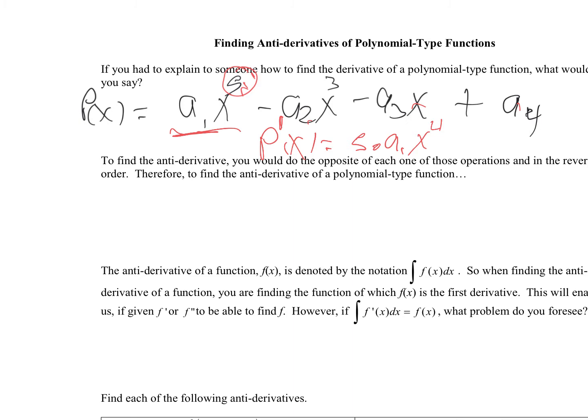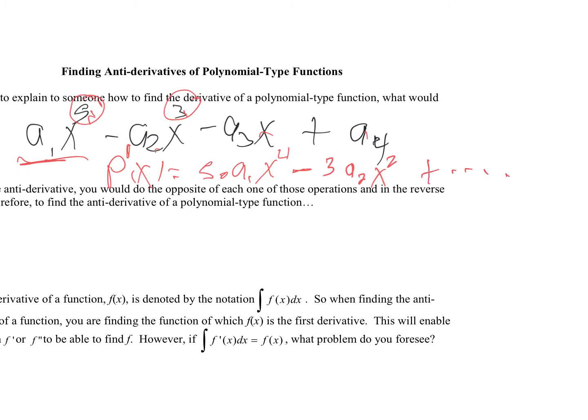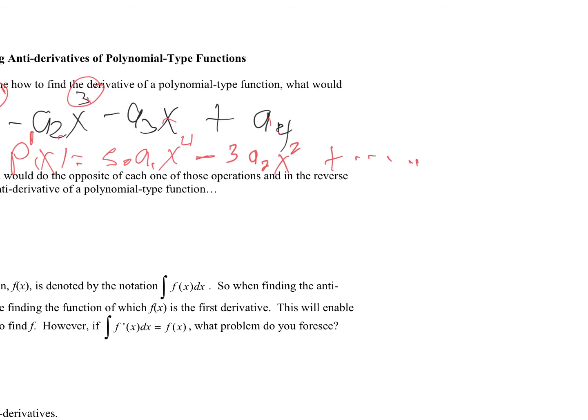Then if I do the next one, minus, I take that power times a2, x to the 2nd power. And you just keep on going through all the terms until you do the derivative of the constant, which gives me a 0.